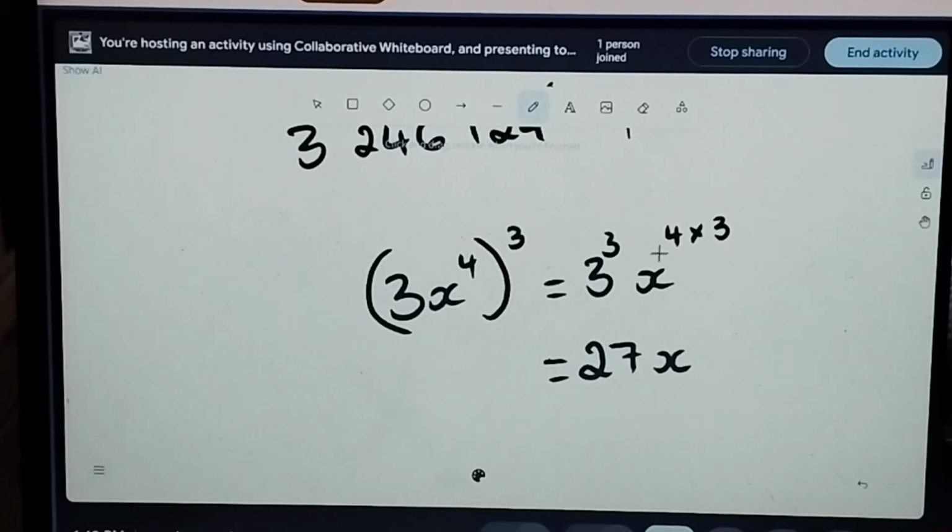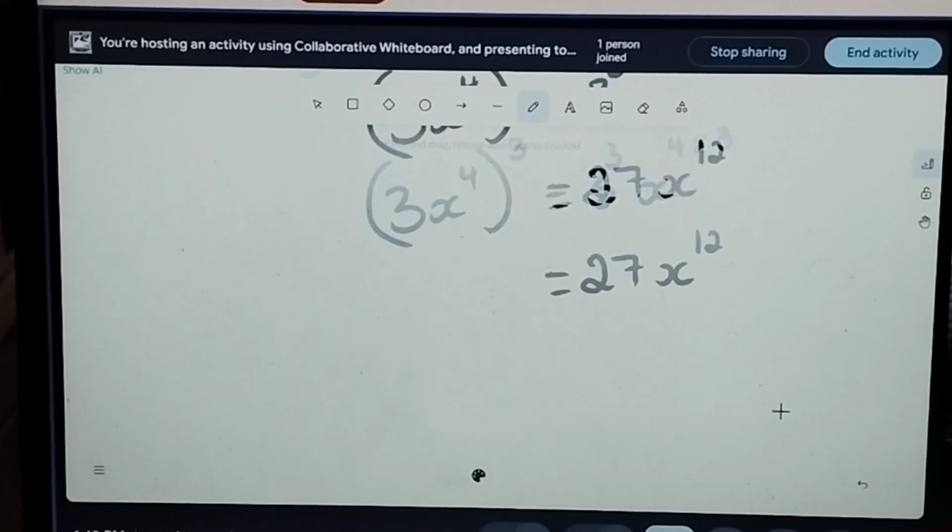And then your power would be x to the 4 times 3, which is the power of 12. So your answer there would be, sorry, not 3, 27x^12.